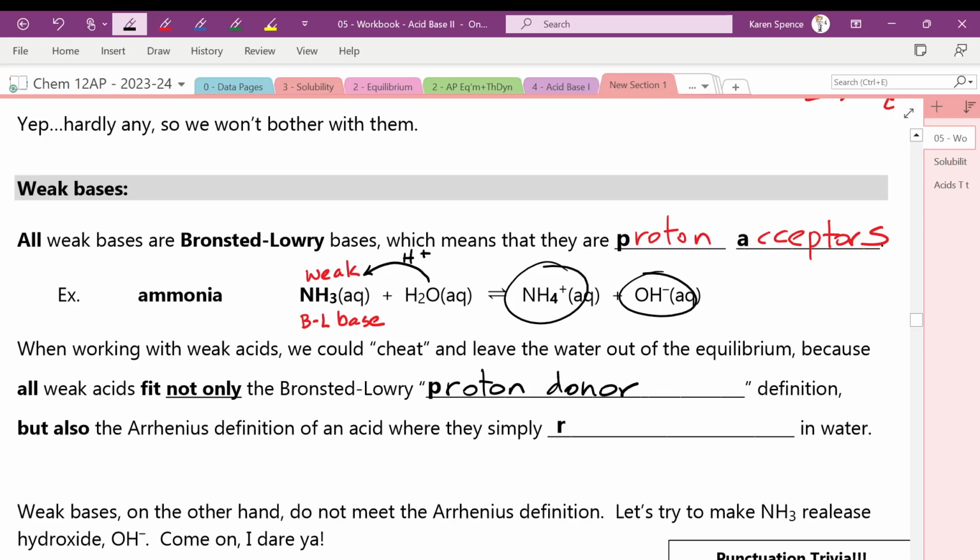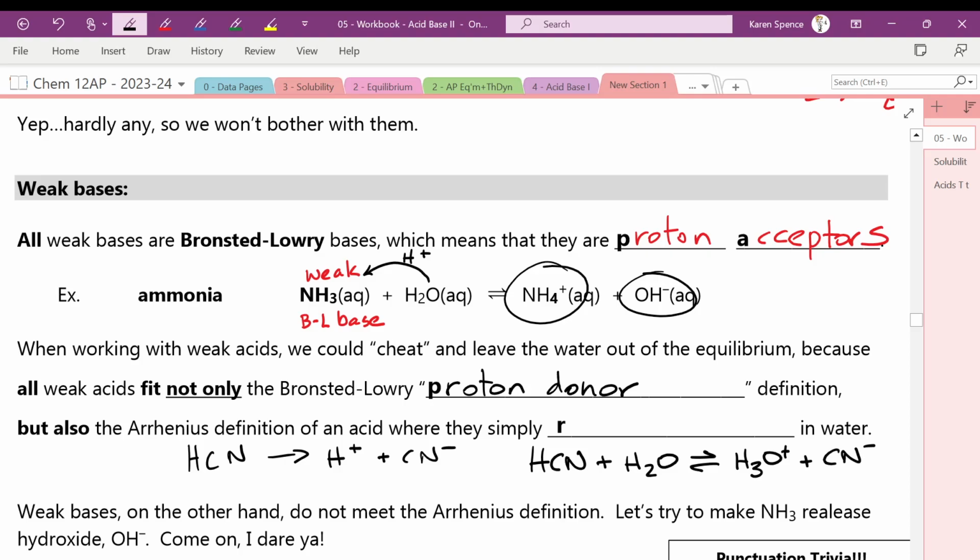So if we had HCN, we could just say H plus and CN minus, or we could say HCN plus H2O gives H3O plus plus CN minus. When we write it this way, it can accept or it can donate a proton.